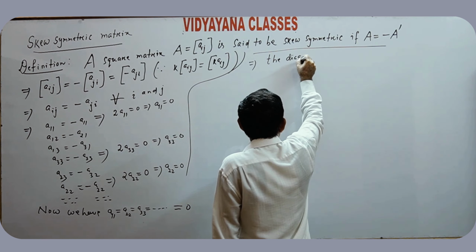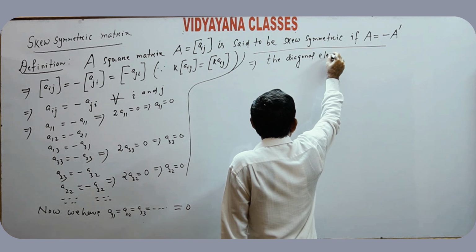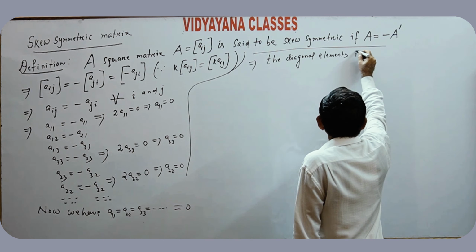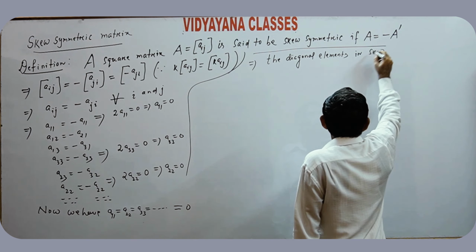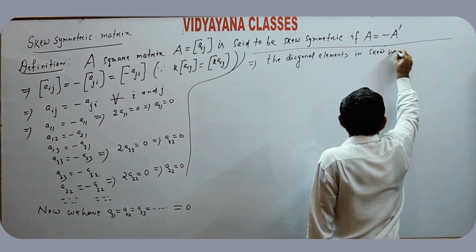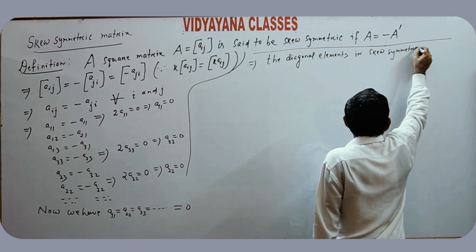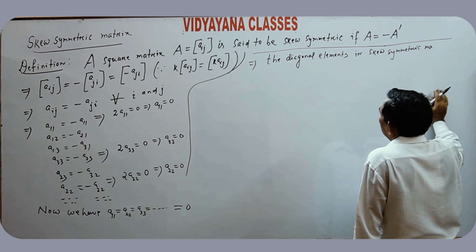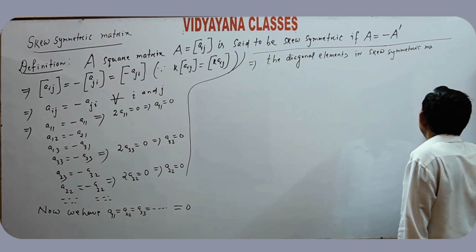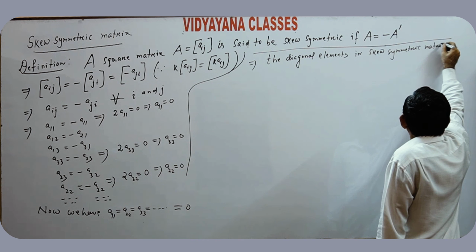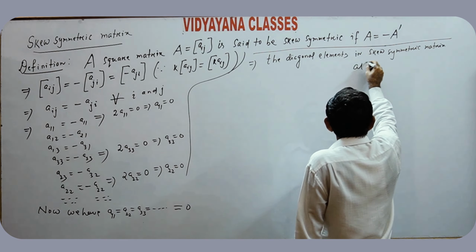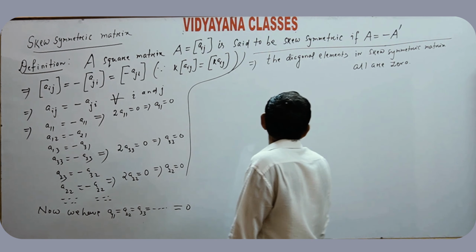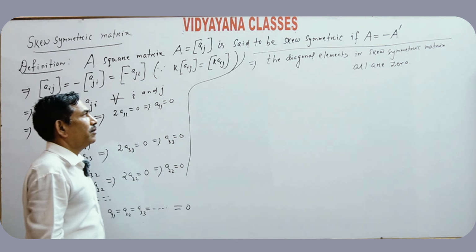The diagonal elements in a skew symmetric matrix all are 0.